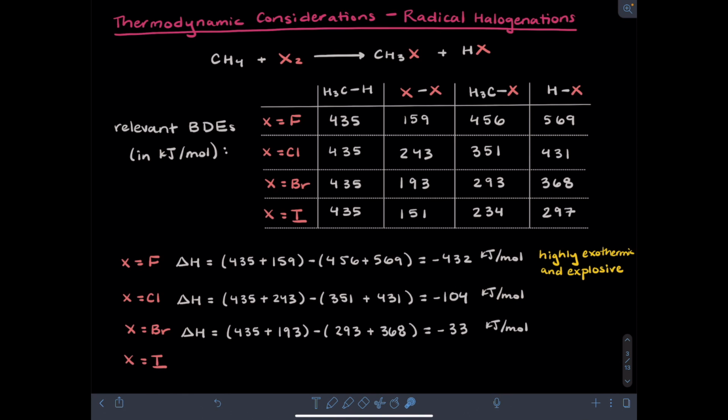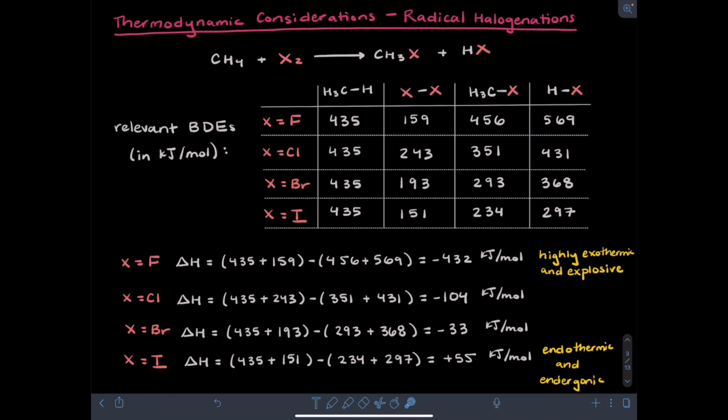Methane bromination using Br2 has a delta H of reaction of negative 33 kilojoules per mole, so less exothermic, but we would still expect this reaction to be spontaneous. And radical iodination, where X2 is I2, has a delta H of reaction of positive 55 kilojoules per mole.